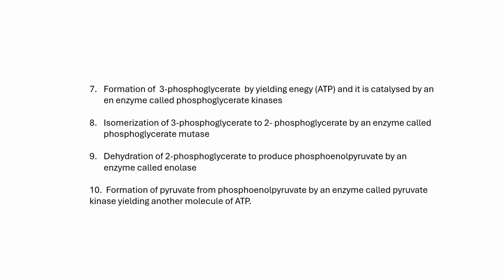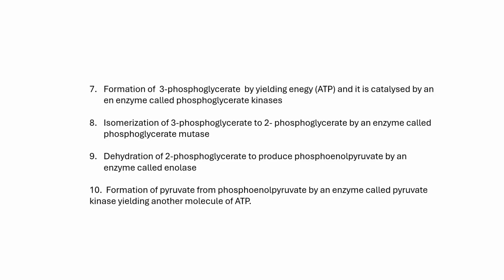Also, in step 8, we have the isomerization of the 3-phosphoglycerate that is produced in step 7 to 2-phosphoglycerate by an enzyme called phosphoglycerate mutase. For this reaction, it's just the interchanging of the position of the phosphate group. We change the position from carbon 3 to carbon 2 to form 2-phosphoglycerate.